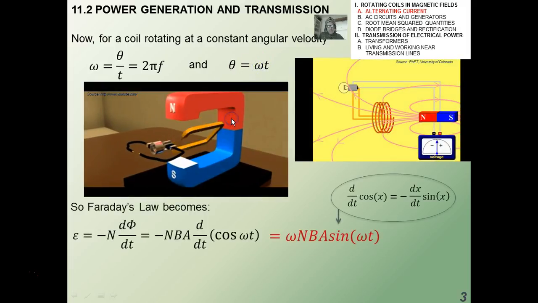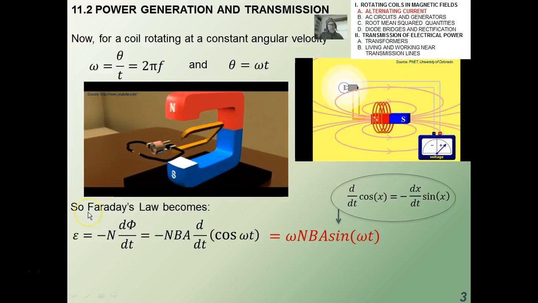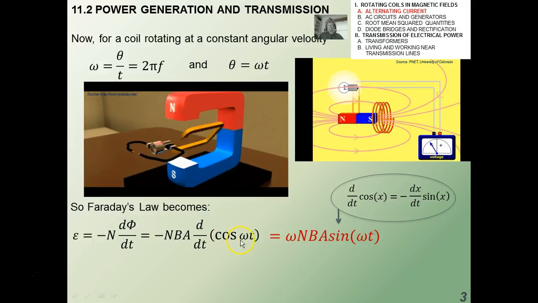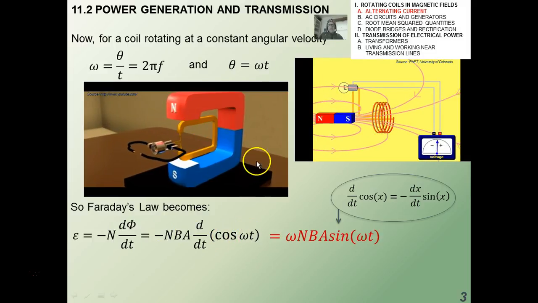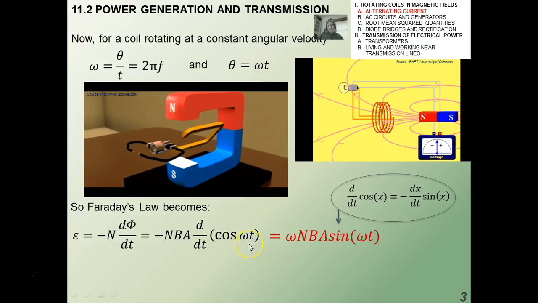So in all of these cases we have an induced current, with something rotating periodically. Faraday's law then becomes this, which is what I had in the previous slide. Theta as a function of t is really omega times t.